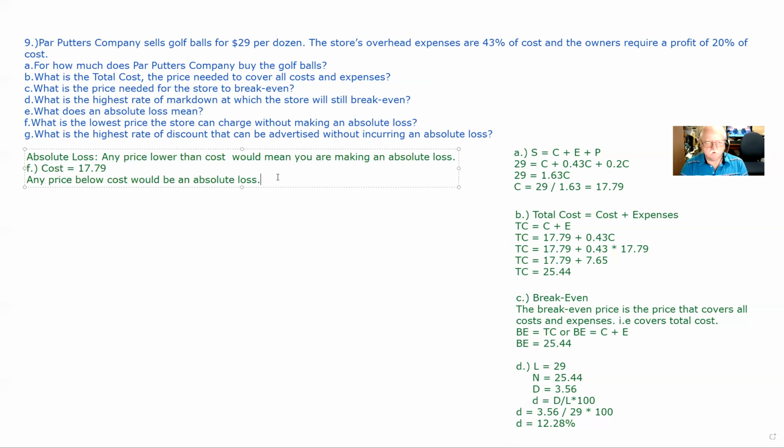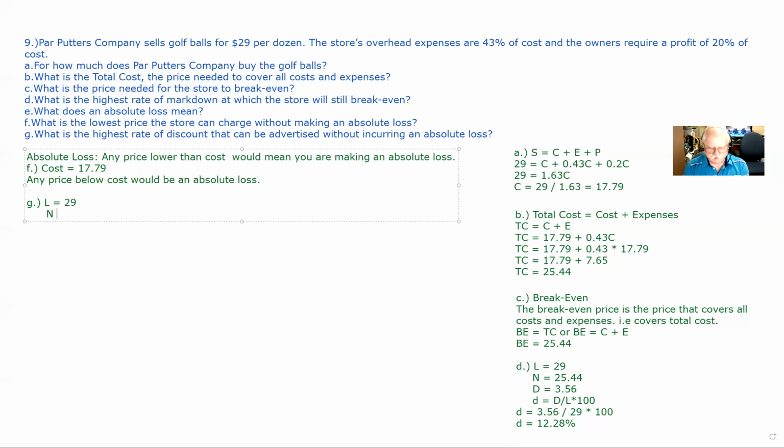So, armed with that information, let's consider part G here. What's the highest rate of discount that can be advertised without incurring an absolute loss? Well, again, the list equals 29.